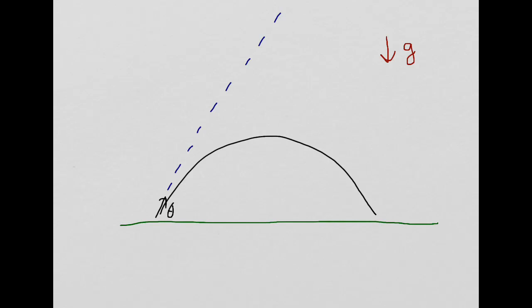Okay, so let's say that in this scenario I throw a ball at an angle of 30 degrees above the horizontal, so this is 30 degrees, with an initial velocity of, let's say, 20 meters per second.